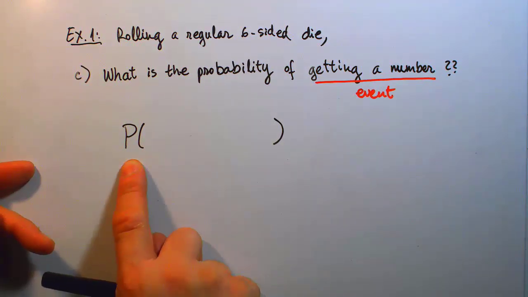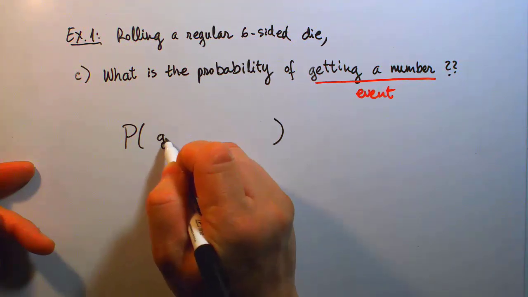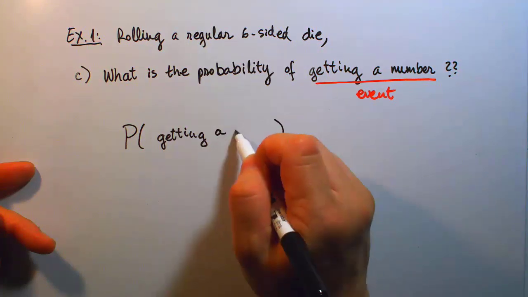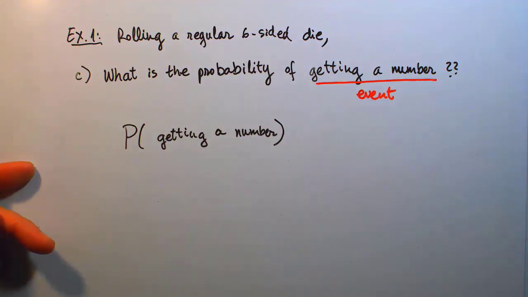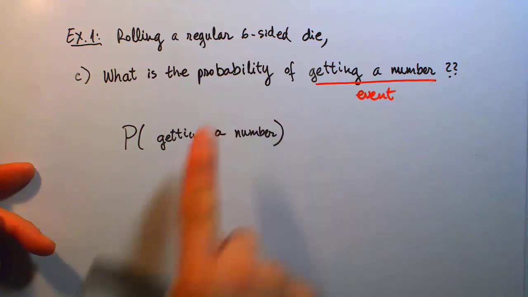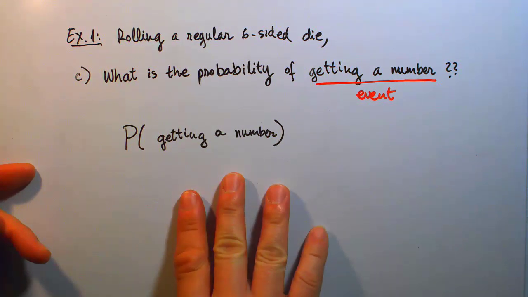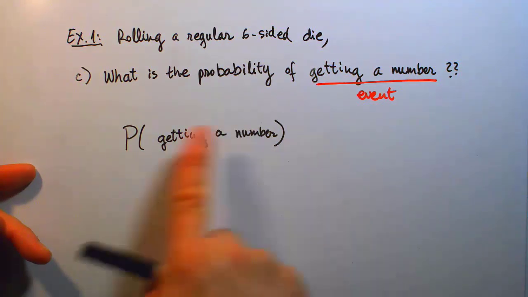Find the probability of what I'm looking for, the requirements I'm looking for here. I'm simply looking for getting a number. And that's all it needs. We simply put the event here. So that's how we successfully set up our symbolic question right here. And like I said, I highly recommend that you get comfortable with how we're setting it up, or at least understand what a symbolic question like this is asking.